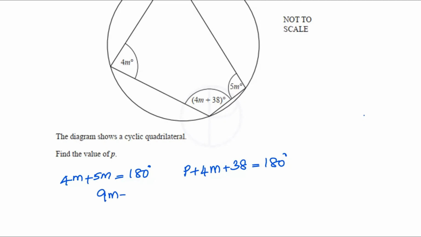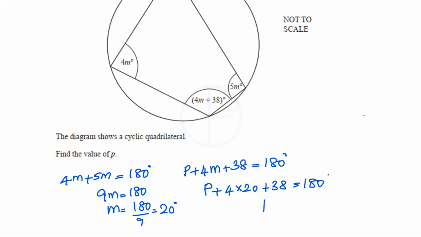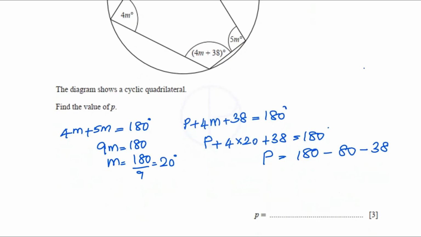So 9M is 180, which means M is 180 divided by 9, which is 20. So substitute M as 20. Now make P the subject. So 180 minus 80 minus 38. So P is equal to 60.